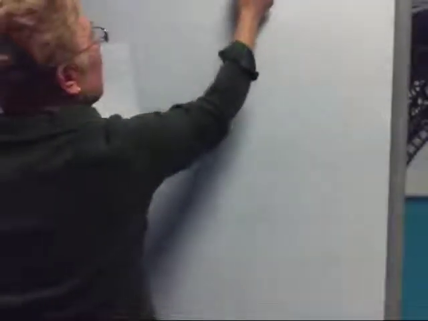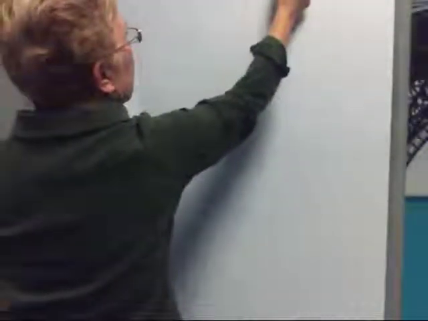Problem number 3 on the sheet gives you some information that will enable us to solve for c. So let's try that one out. We're going to follow the same steps we did last time.